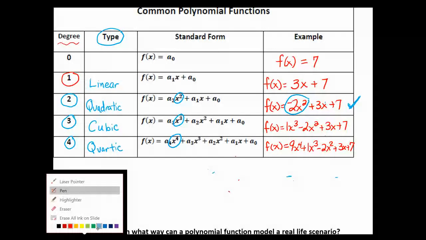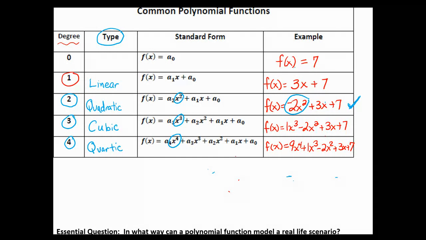And then what happens when you just have a constant? So f of x equals 7 or y equals 7. When you don't have the x, well, it's actually x to the 0. That's just called a constant. Okay, but please make sure you're familiar with x squared is quadratic, x to the third is cubic, x to the hidden 1 right here is linear. All right, so that's some namings, and it goes by the exponents, okay?